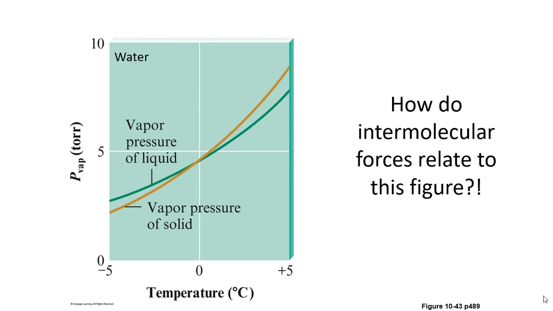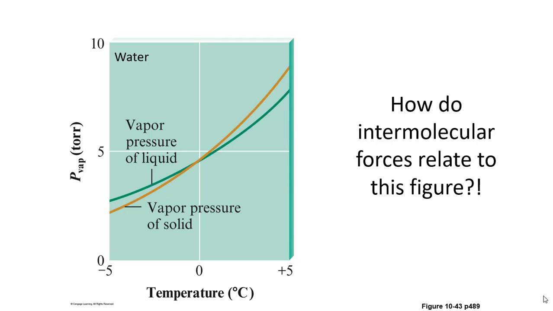So a question similar to this is, how do intermolecular forces relate to this figure? Oh, so much, okay? Meaning, think about the way intermolecular forces differ for a solid versus a liquid. They're held more rigidly, so they're stronger in a solid and weaker in a liquid. Well, pressure is related to all of it. Whereas when you add temperature, you add energy.